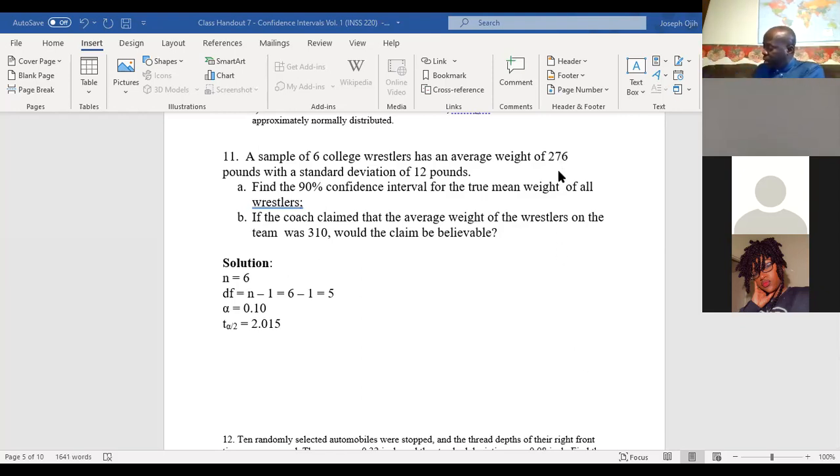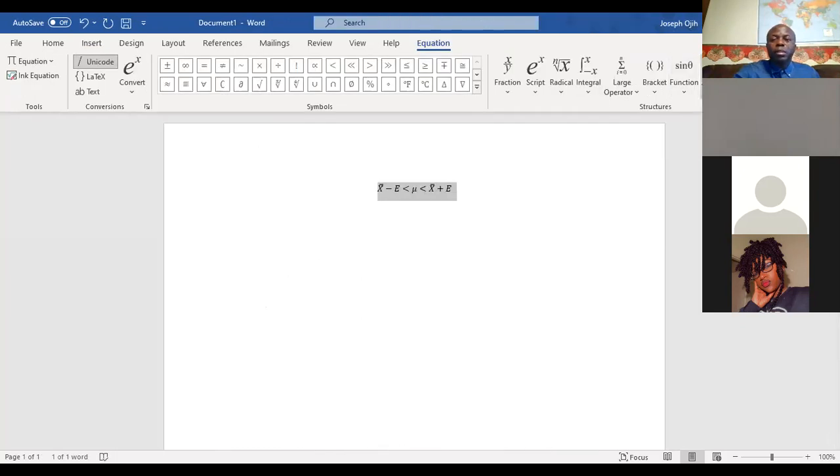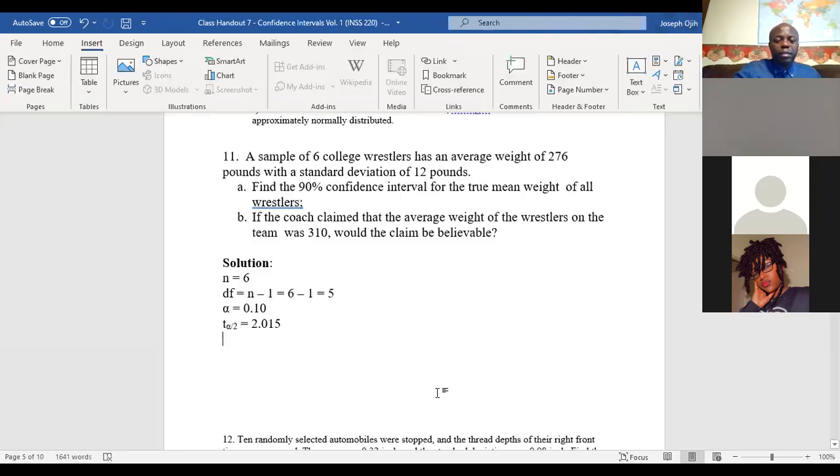Sample mean x bar equals 276. Then copy this and put it there. So this is 276.